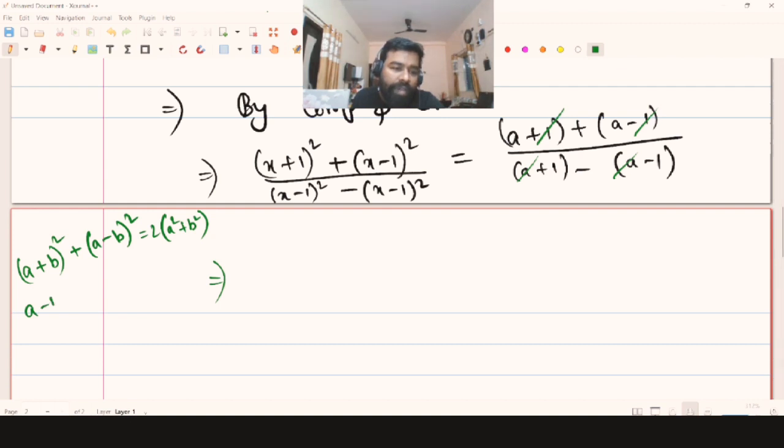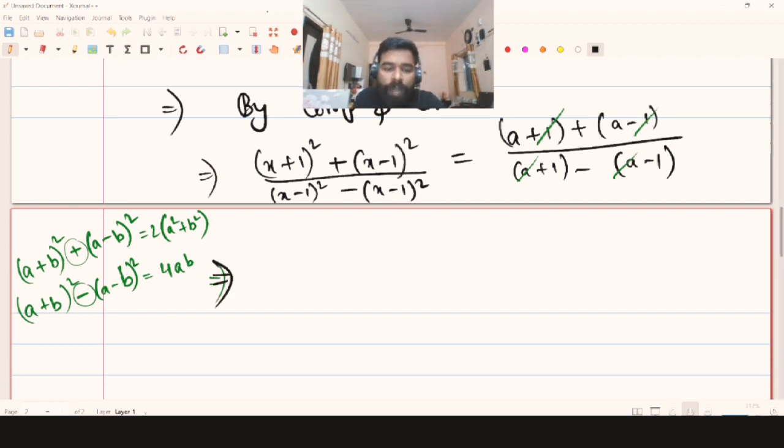And again if the sign in between is minus, then you have 4ab. This is another formula. The only difference is the sign in between is plus or minus. So you can apply these two in the numerator and denominator part.